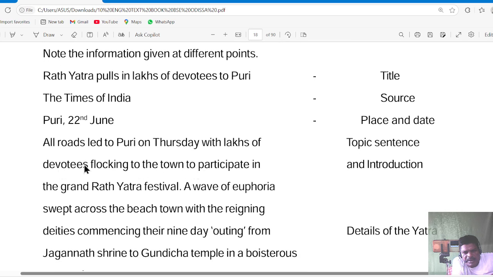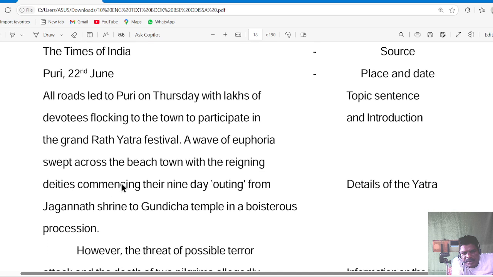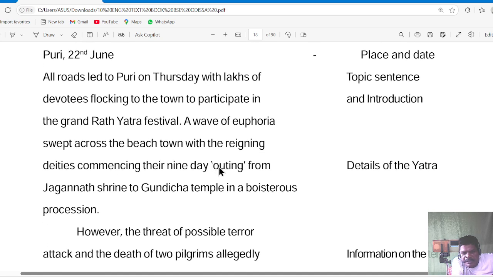It devoted lakhs of people in the town to participate in the grand Rath Yatra festival. A wave of euphoria swept across the temple town with the reigning deities commencing their nine-day annual outing, Jagannath to Gundicha temple, in the chariot procession.